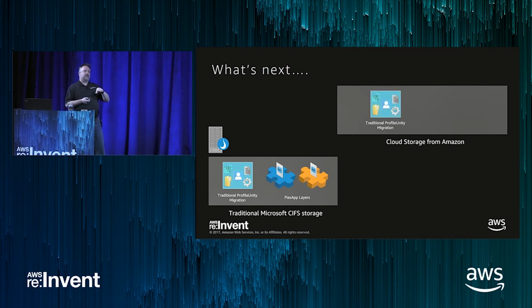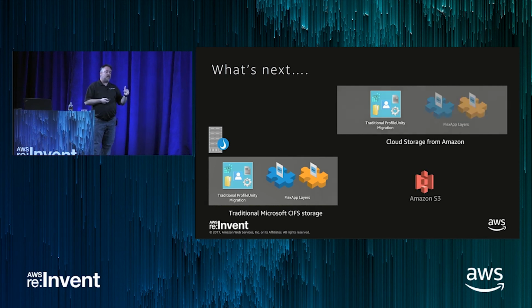Same scenario: Wednesday morning they log into their VDI session, and that profile or FlexApp layer might be stored on SIFs, for example. Thursday afternoon, they log into their Workspaces environment, and that profile has essentially followed them and been migrated to an S3 infrastructure in Amazon seamlessly.